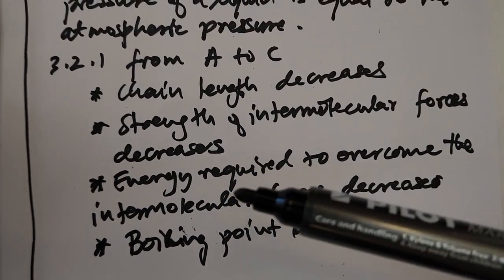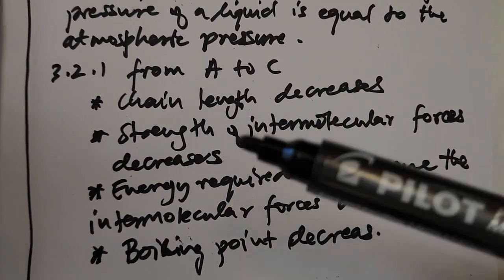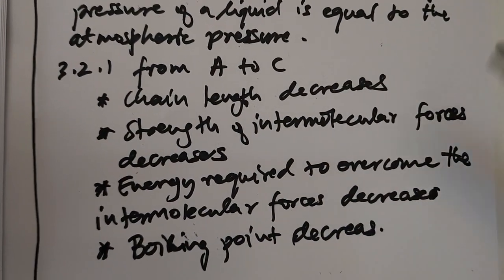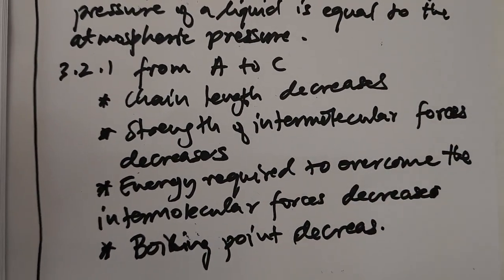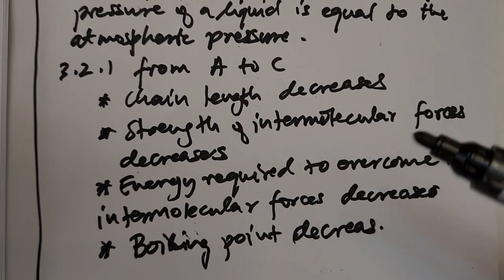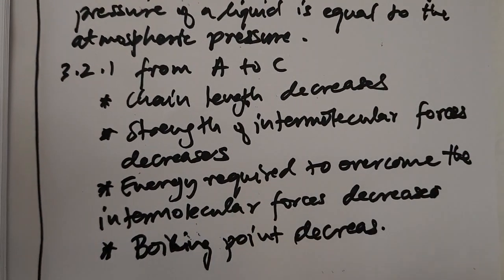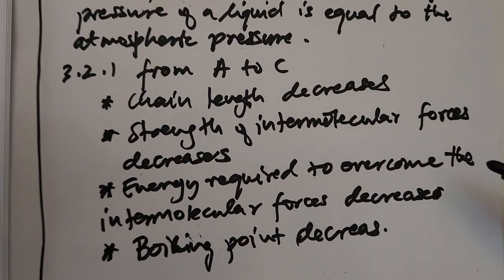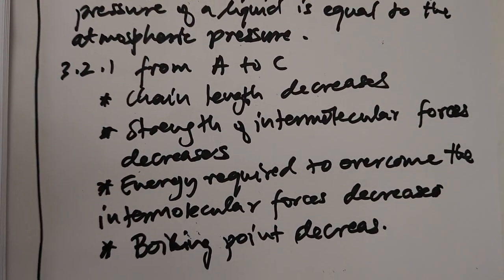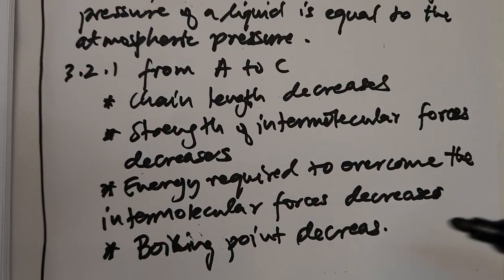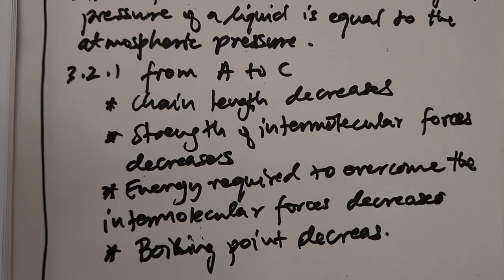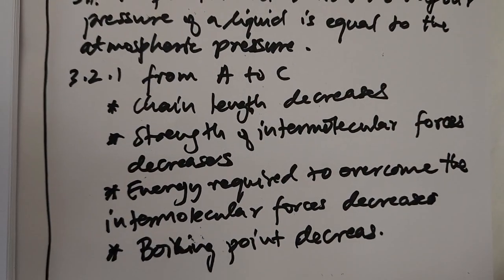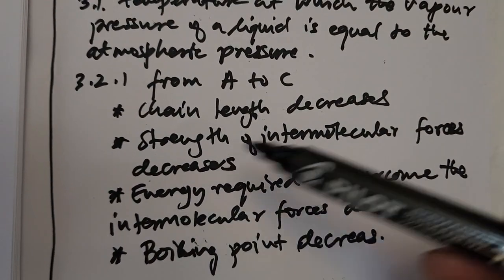If you go for extremes, you start with A. A has got the longest chain length, and A has got the strongest intermolecular forces, and A requires the most energy to overcome the intermolecular forces. Therefore, A has got the highest boiling point. That's when you start from A and go for extremes. If you start from C, you write the opposite. That's how you can do it.